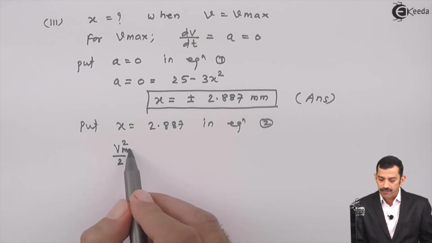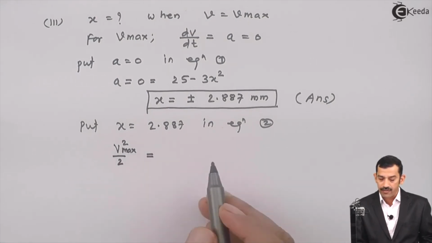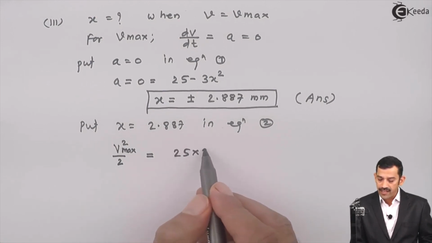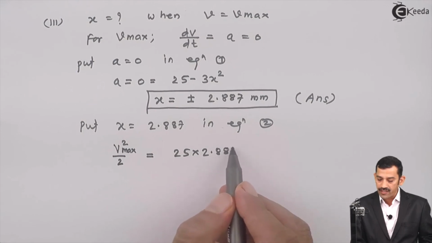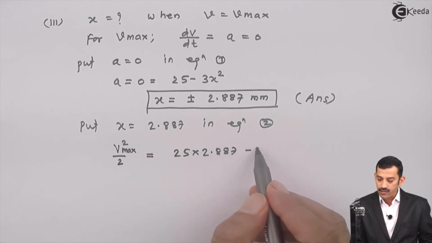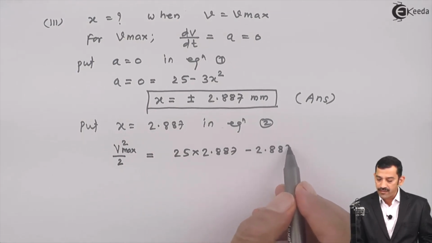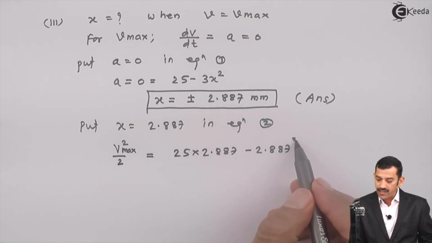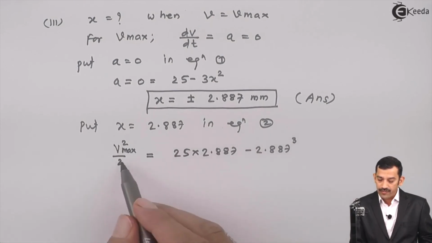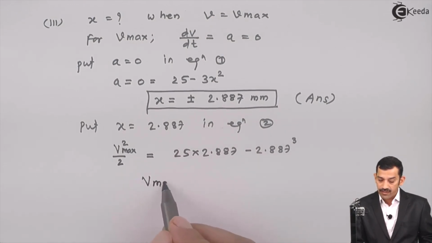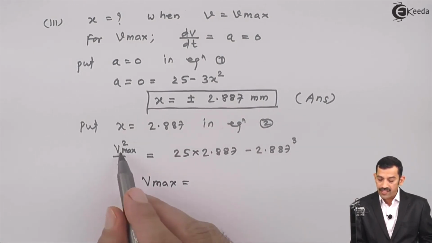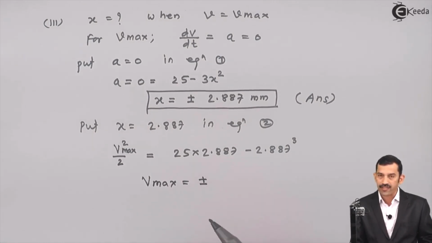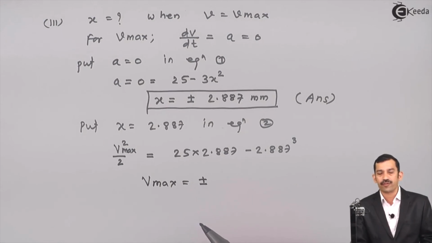Therefore I will write v max squared divided by 2 = 25x - x³, with x substituted as 2.887 and its cube. Now solving this, we will get the maximum velocity, and again as this is v max squared, plus minus is possible.